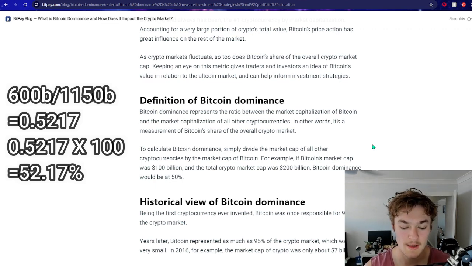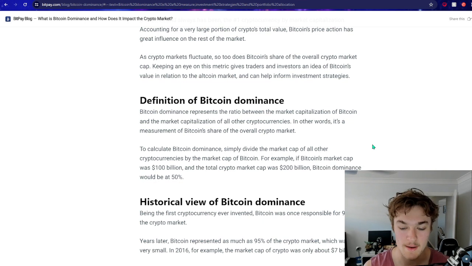Well, that would mean Bitcoin's dominance would rise to 52.17%. So if Bitcoin's market cap rises faster than all other cryptocurrencies during a pump, we would expect Bitcoin's dominance to rise in percentage.